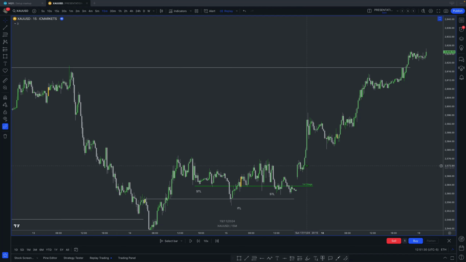We then have this large displacement up here. You're already anticipating this to be left partly open because we've had first stage, we know the draws up here, and we're looking for a second stage. So you draw out the fair value gap, and you're already expecting part of it to stay unfilled, which happens right here.